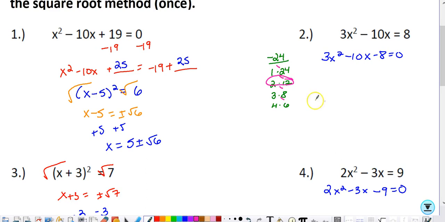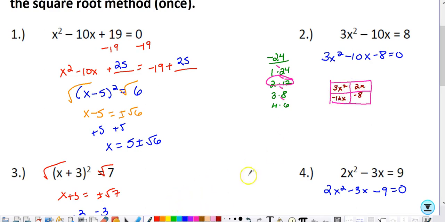This one I'm going to do with box method. The other one I will complete the square. So we've got 3x squared, 2x, and negative 12x.